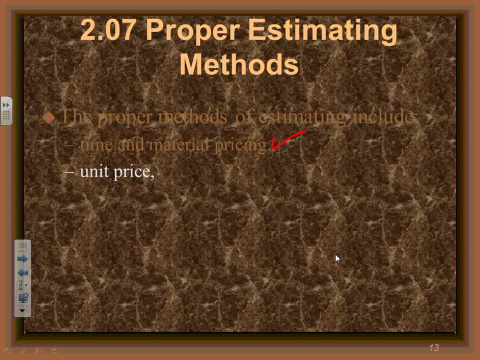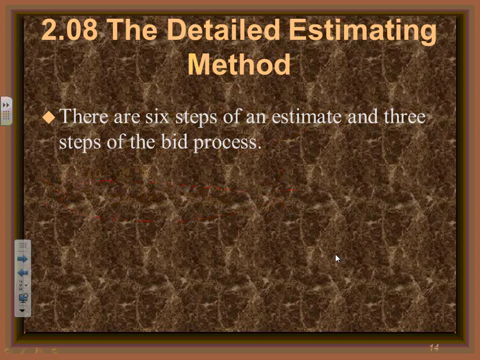Because you've done hundreds of them, right? And the proper one that you guys are doing with your friend Chad Kennedy is the detailed estimating method. That's what you're going to be doing with me for the three projects, right? We're not doing unit price or time and material. You're going to go detailed step by step, takeoff. You started the takeoff. You're going to do the labor and material. So: time and material, unit price, and detailed method.